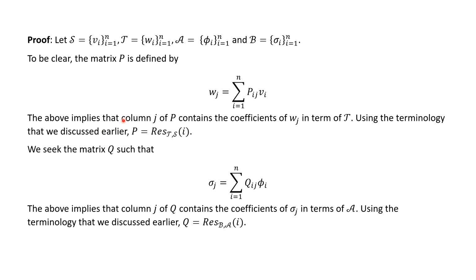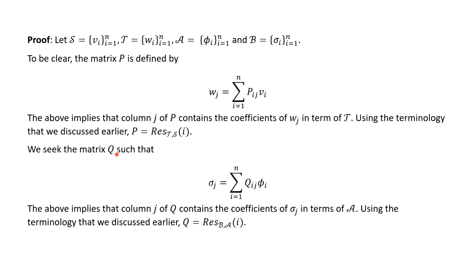The above implies that column j of P contains the coefficients of W sub j in terms of the basis script T. Using the terminology that we discussed earlier, in the lesson concerning the representation of homomorphisms, P is actually the representation of the identity homomorphism from T to S. So it's kind of in reverse of what I said in the theorem, but I prefer the wording that I have in the theorem, and I just put it out here in case there's any confusion.